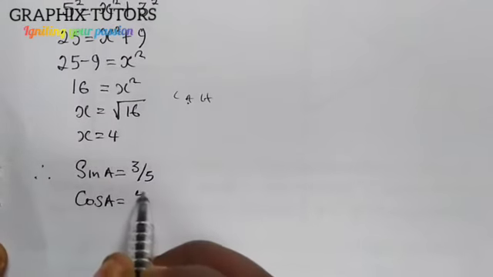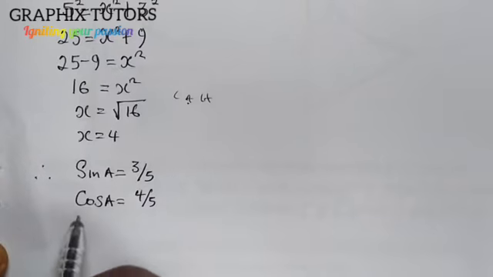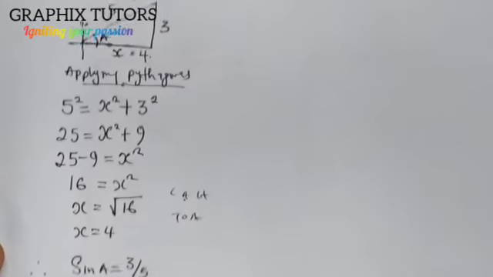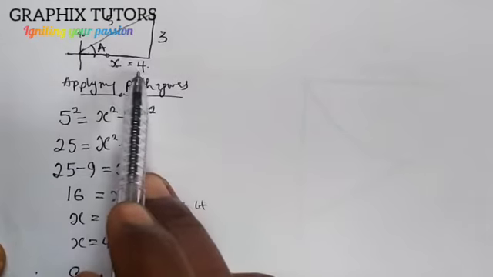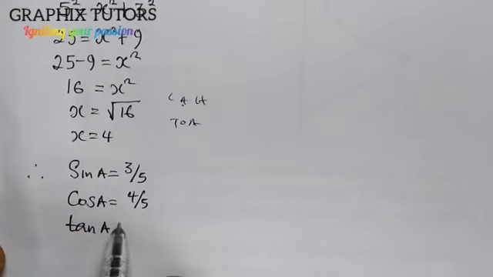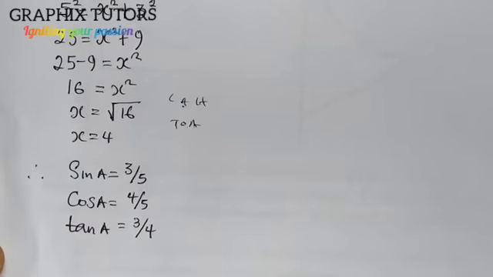And our tan A, from the word TOA, is opposite over adjacent. So we go to the opposite, this is the opposite, 3, over adjacent, that is 4. So we have 3 over 4, right? So you do the same thing.